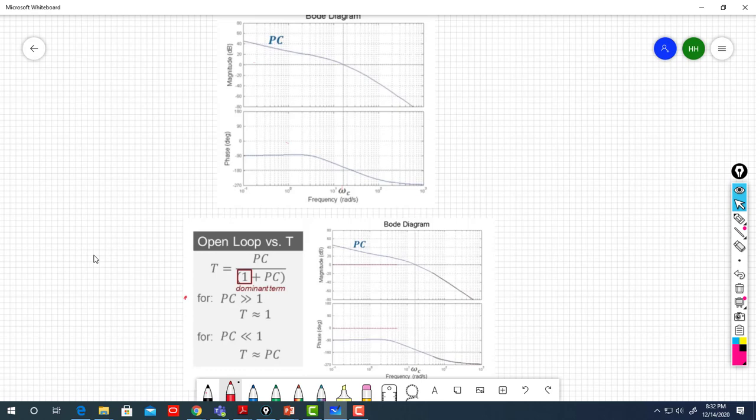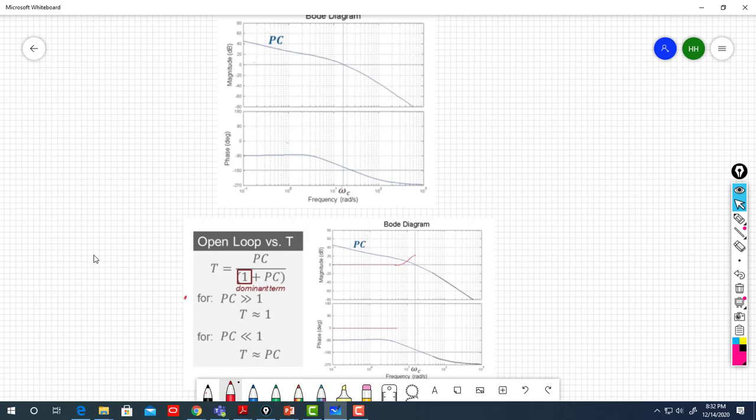That means you neglect PC and keep 1, so PC over 1 is PC. Therefore at high frequency, the transmissibility transfer function is similar to the PC transfer function. At low frequency, it is at 0 decibel because of the 1.